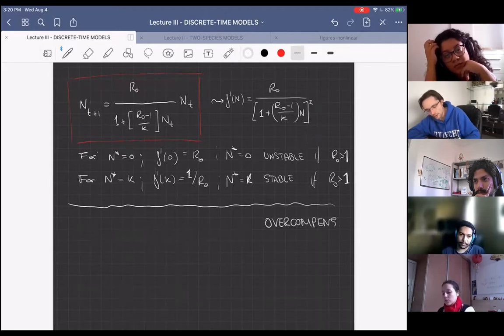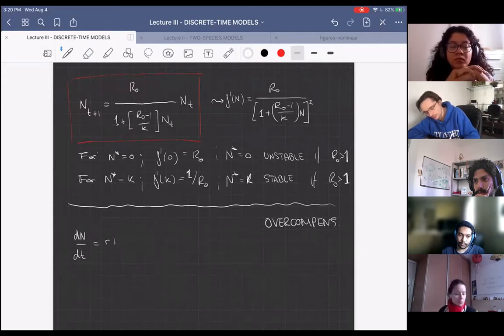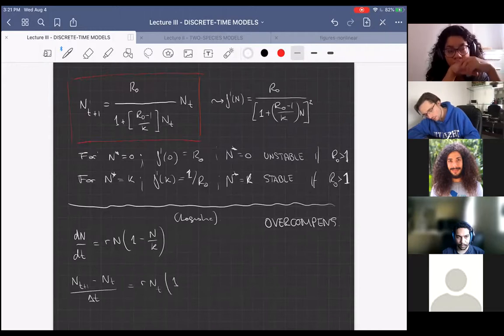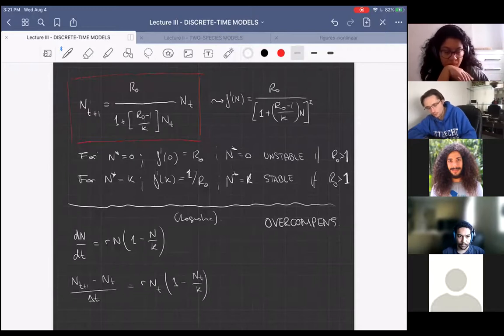So the way that we are going to derive it, we are going to start from the time derivative in population size. This is the continuous time logistic model. And I am going to discretize the derivative. I'm going to say, okay, this is N_{t+1} minus N_t over some delta t, and this is going to be r N_t (1 minus N_t over K). Because I am working with generations, I can say that delta t is equal to 1.